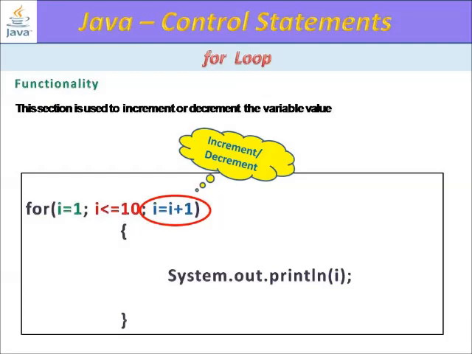So for the proper execution of the for loop, we need an increment or decrement operator. If there is no change in the value of i, there is a possibility that the for loop may execute infinite times.